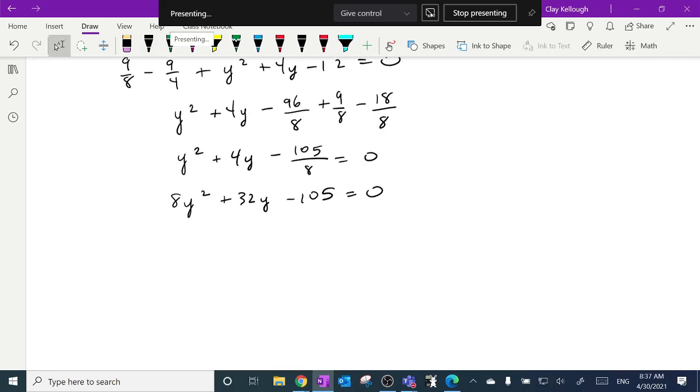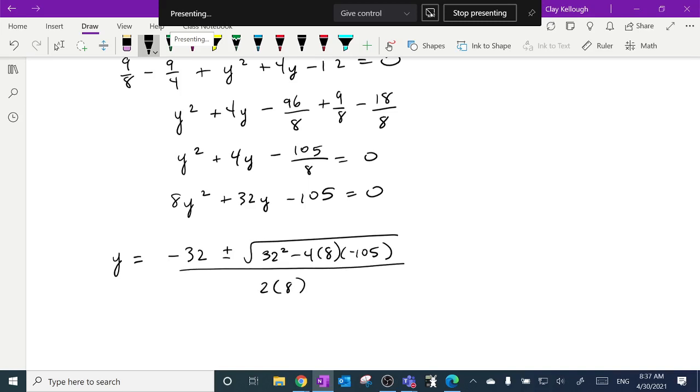So here we go. Y equals, and remember how the quadratic formula works? Minus b plus or minus the square root of b squared minus 4ac all over 2a. And I have a feeling that thing in the bracket is not a perfect square.